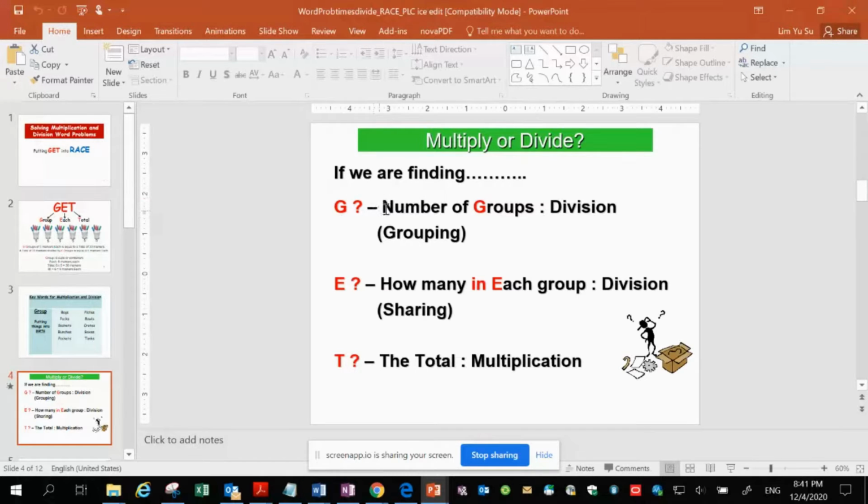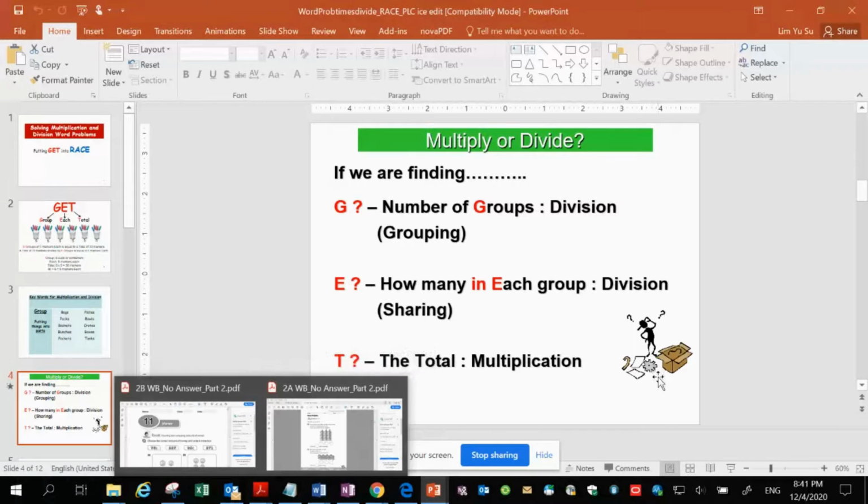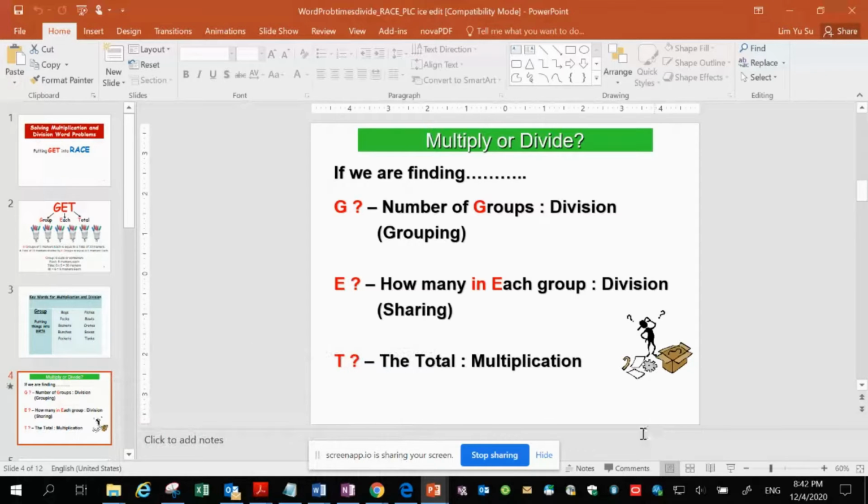If you're looking for the number of groups, you probably use division. If you're looking for each, you probably use division too. And if it's for total, that would mean multiplication. So the challenge here is to look at a word problem and see what the question is asking for. Is it G, E, or T?